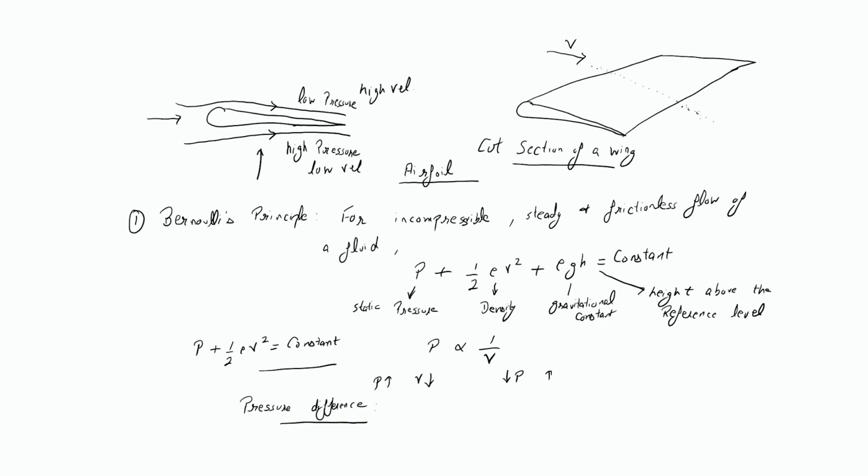Now, to obtain this pressure difference, obviously the aircraft should have a certain velocity, right? When I ask students this question related to commercial aircraft, how much velocity do we need for the aircraft to start obtaining this pressure difference? In other words, how much velocity is required for takeoff?